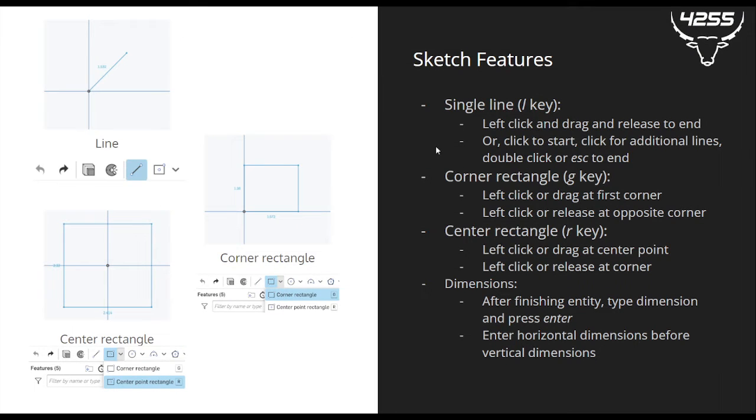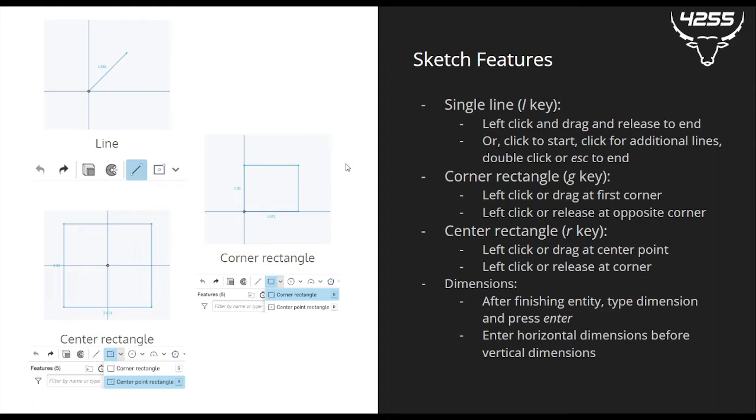The second tool I'm going to go over is corner rectangle. You can see I've got an image here of how that one works. That is the G key if you like using keyboard shortcuts. I never remember that one, but I don't use it that often either. Basically you left click or drag at the first corner, and then either click again or release if you started dragging it at the opposite corner.